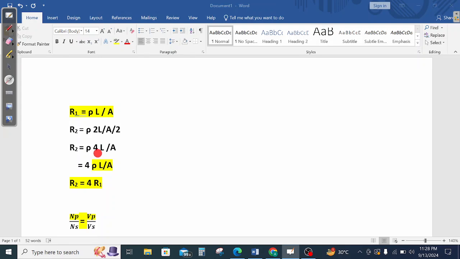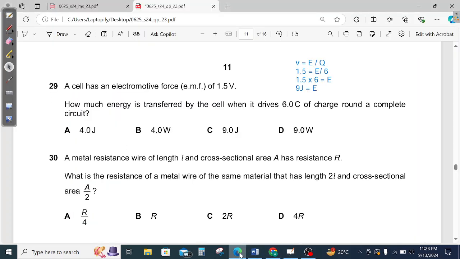Rho, the constant, you write at the first position, and the rest is rho L by A. This rho L by A is equal to the resistance R1. So the resistance of the second wire will be 4 times the resistance of the first wire. So the correct option will be 4R.